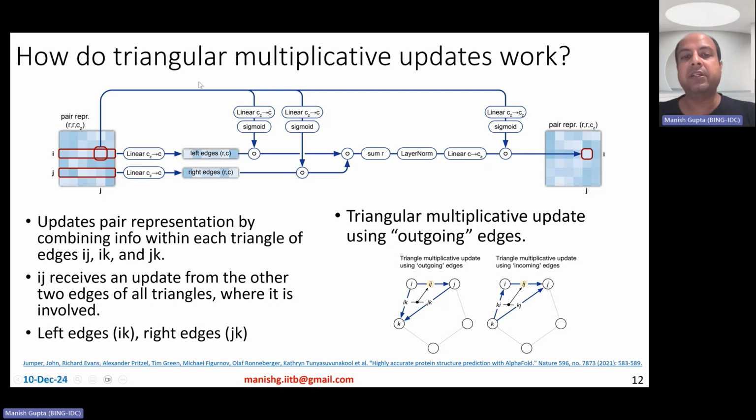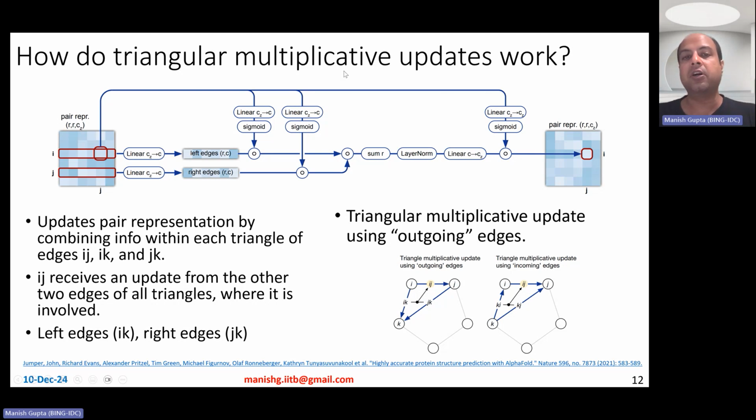You take the C-shaped vector and compute another C-shaped representation here, and then you element-wise multiply the two. You take a sum over R, so that finally you end up with a C-shaped thing, because this is R cross C. You convert it again with a linear transformation to match the CZ dimensionality here.